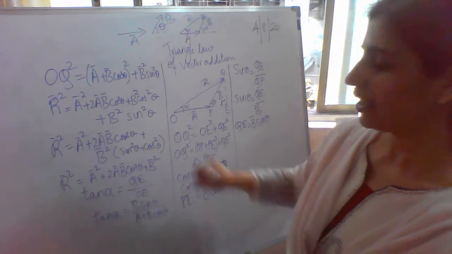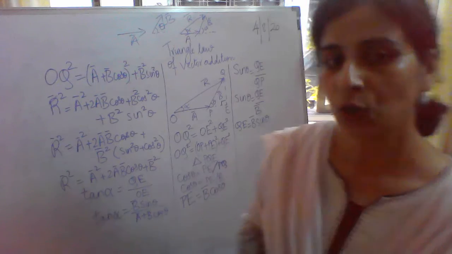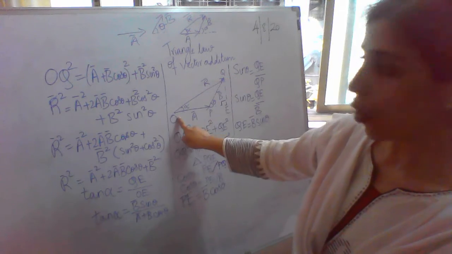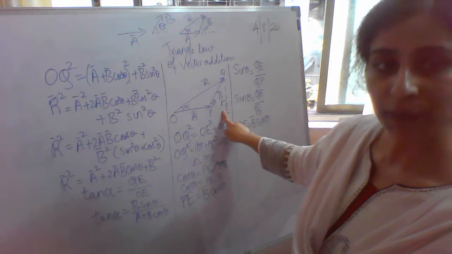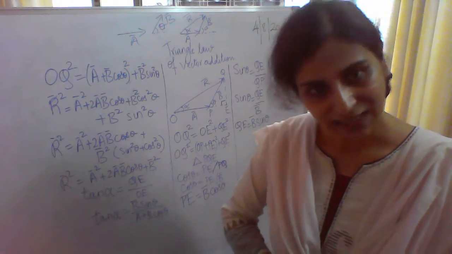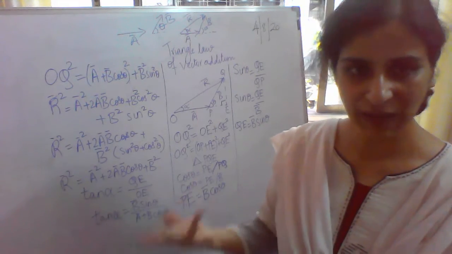After that, if I am using a right angle triangle, I can use the Pythagoras theorem. So what is OQ square? OQ square is OE square plus QE square. That is, the resultant square is the sum of the squares of the other two sides. This is the Pythagoras theorem.